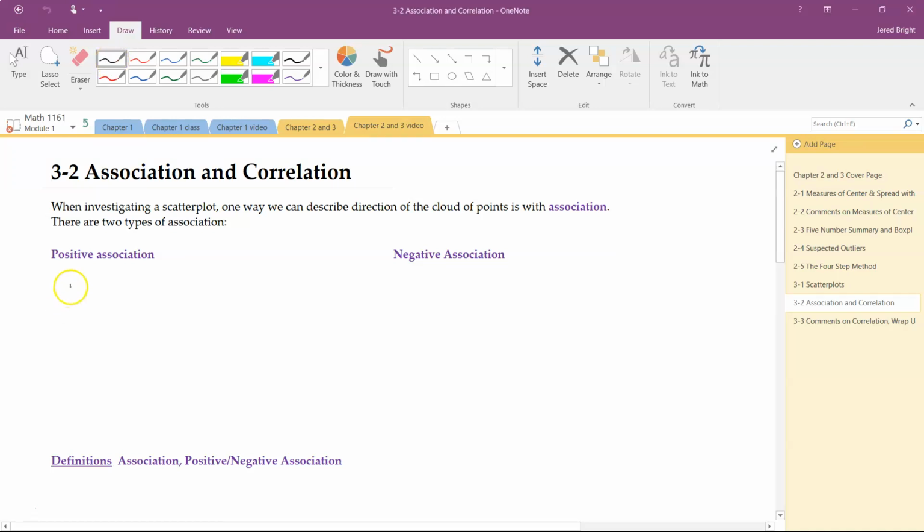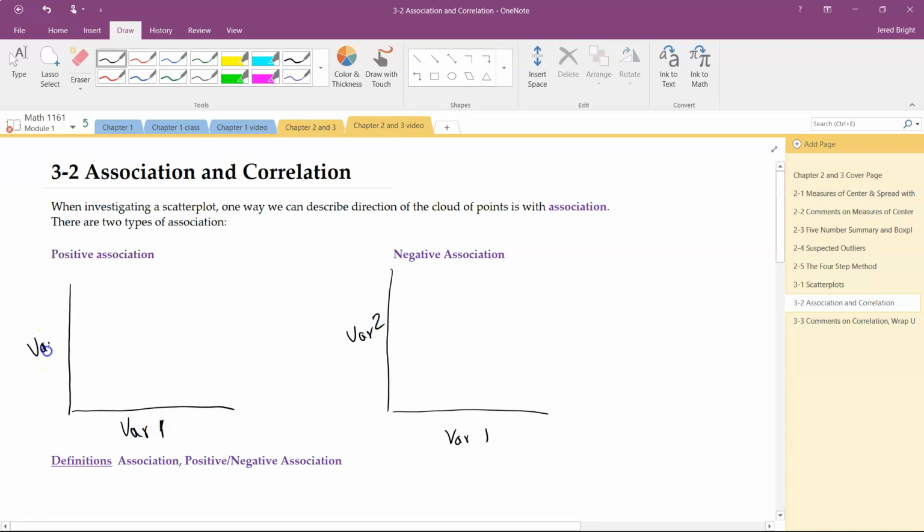When we talk about positive association, I think of this in a graph. If you talk about variable one and variable two, just as general ideas, positive association means that if you look at the average values for the variables, higher than average values of one variable correspond to higher than average values of the other variable.